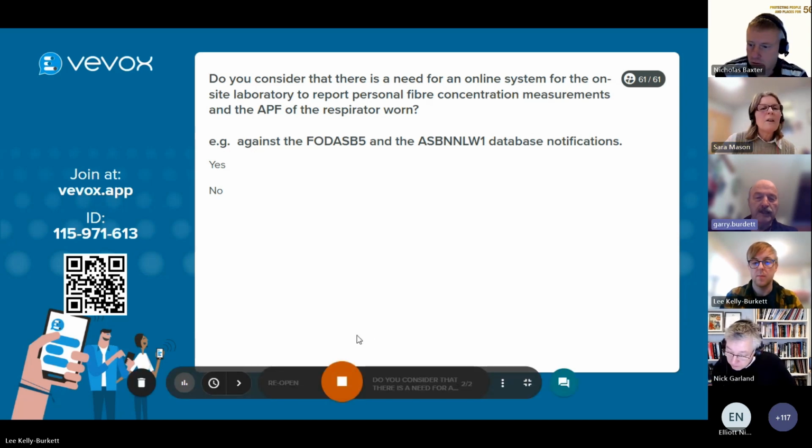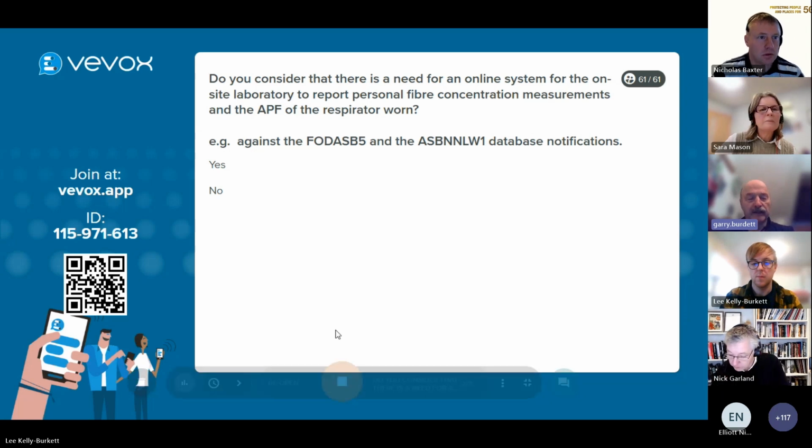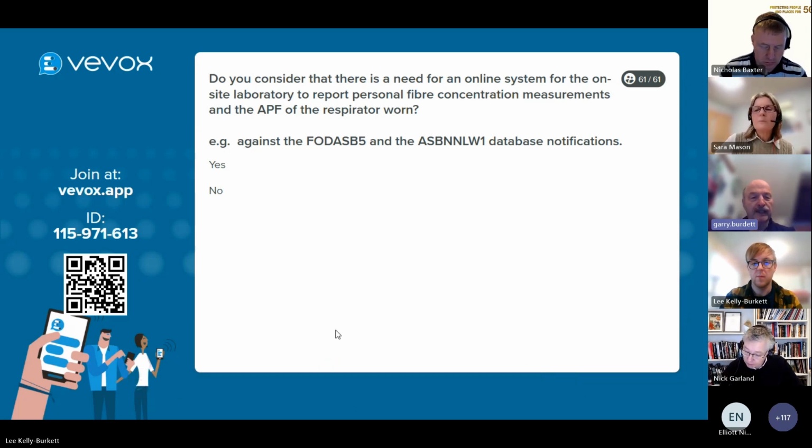I just want to make the point that I only stuck with tight fitting APFs because it's a very complex subject. If it's loose fitting, or a hood or a blouse, it's much lower. What I presented was by far the best performance.